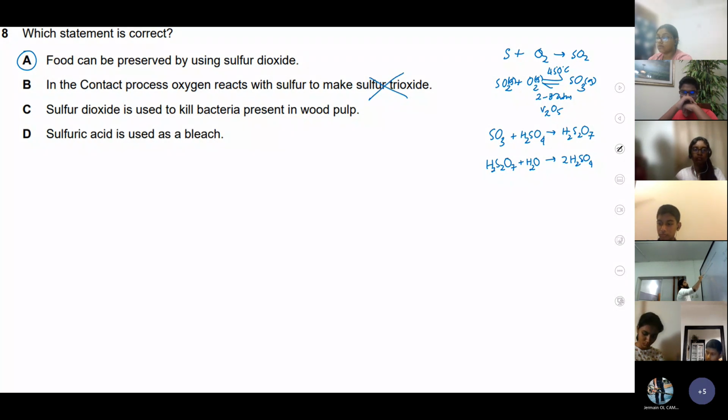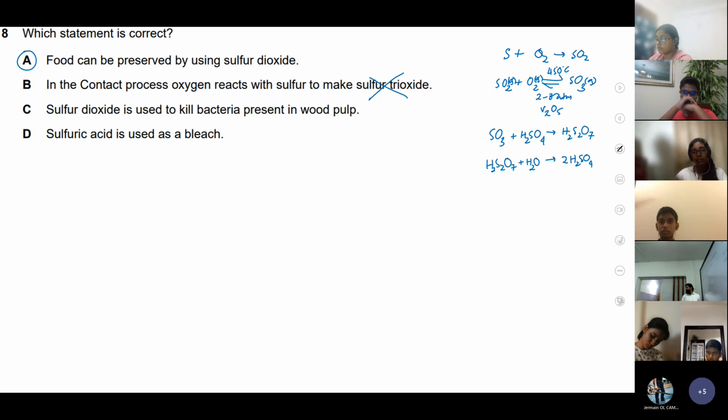Sulfur dioxide is used to kill bacteria present in wood pulp. Right? Is the statement made correctly? My reason: sulfur dioxide is sent to wood pulp to bleach it. To bleach we use chlorine.